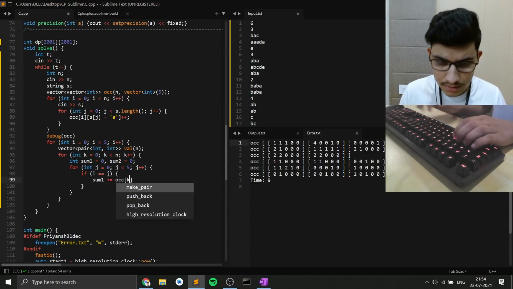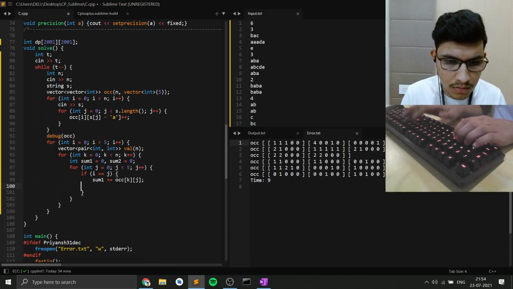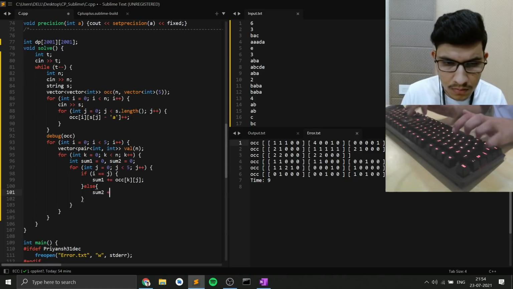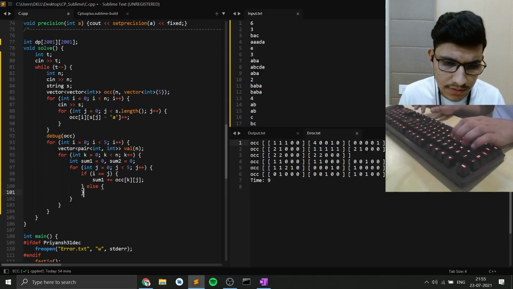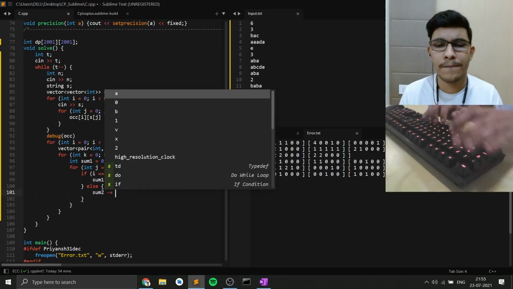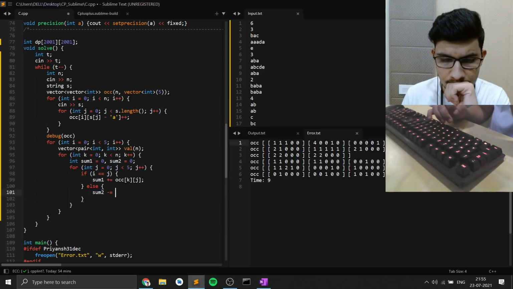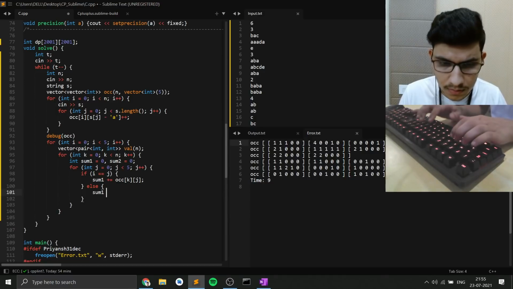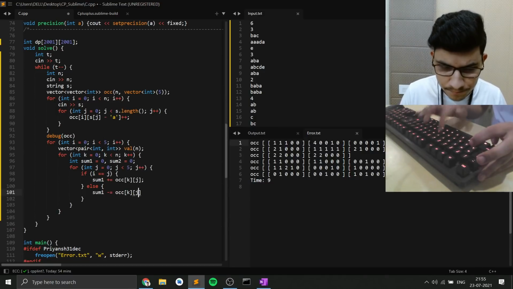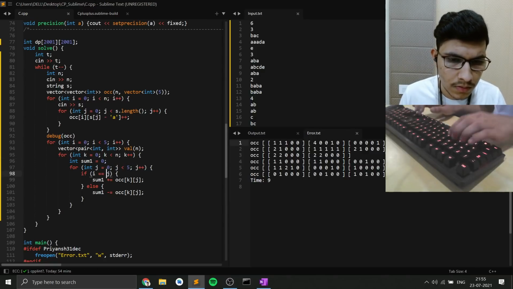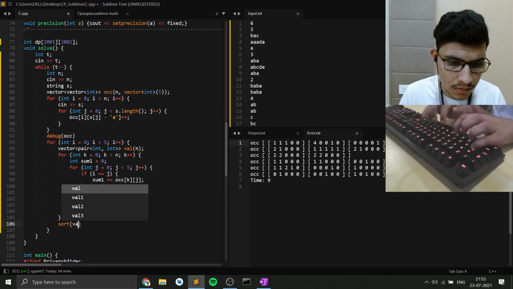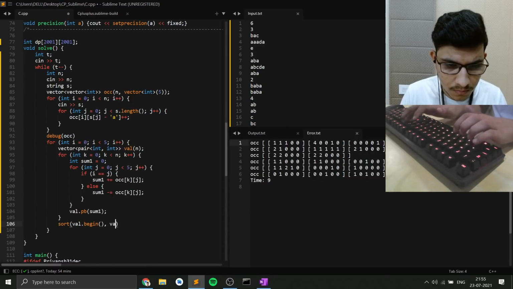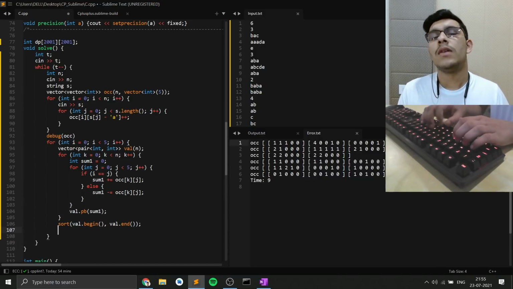Plus equals okay k comma j. Now I can just consider it like one variable, sum2, sum1, okay k comma j. And I can just sort it now. Right.